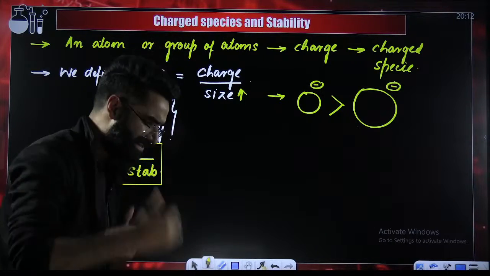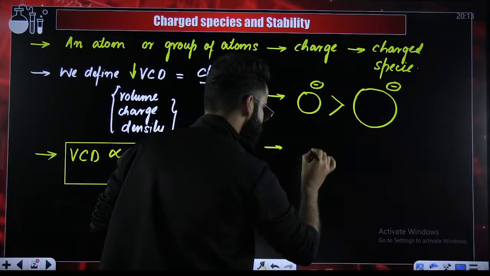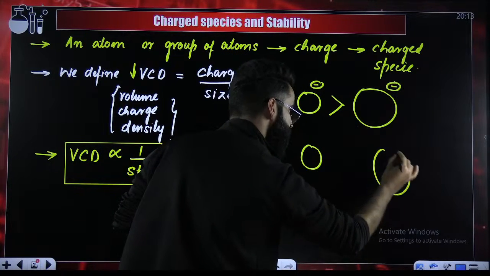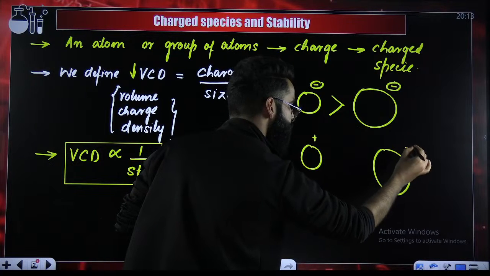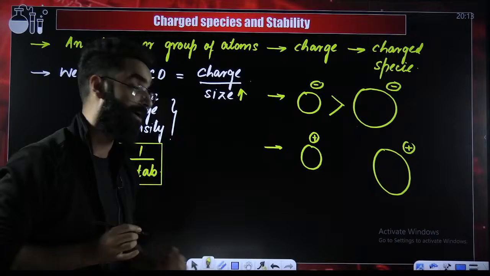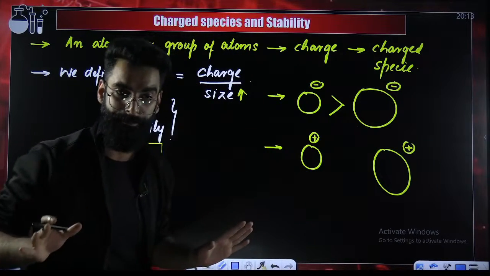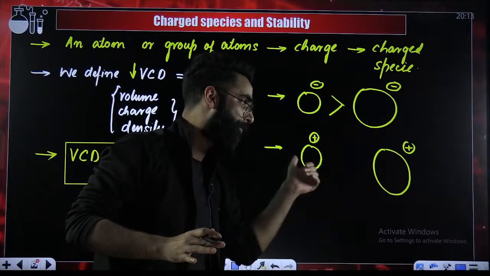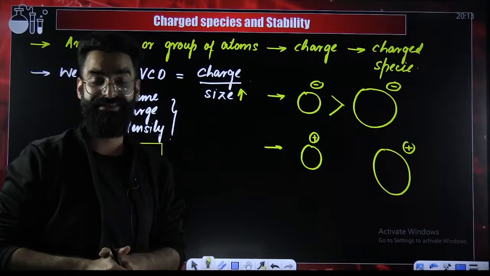Similarly, my dear students, for example, this is one species, this is one more species. And both these species are carrying the positive charge. And I am assuming the magnitude of positive charge on both these species is the same.